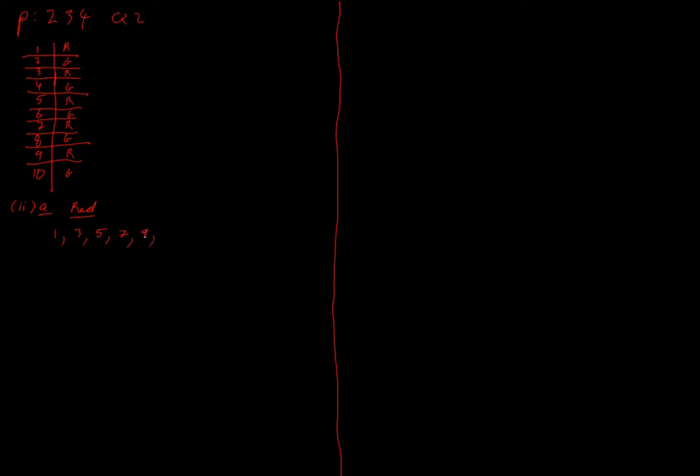And now I have to start thinking about this. What kind of pattern can I see here? So this is a list of numbers, so I can write out terms for this. So my first term is 1, my second term is 3, my third term is 5. Now what am I doing to get between my terms each time? I'm adding 2, and I'm doing the same thing each time.